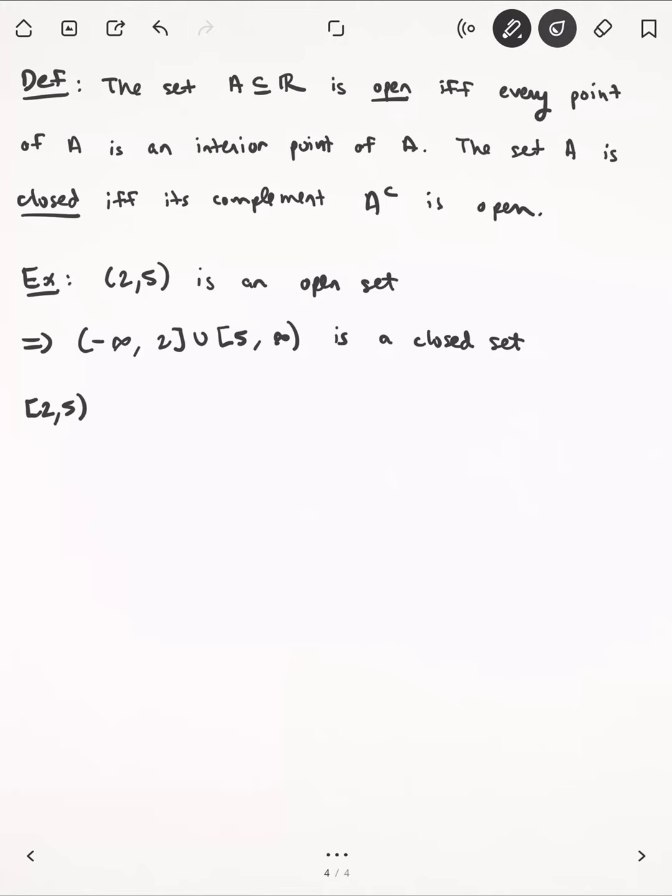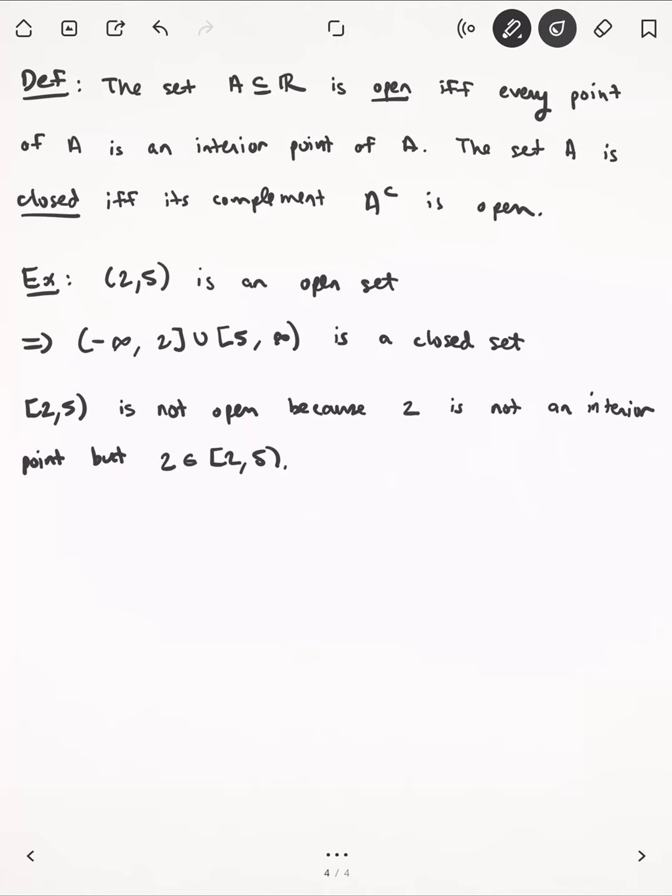The interval we just discussed in the previous example is not open because 2 is not an interior point, but 2 is an element of [2, 5).